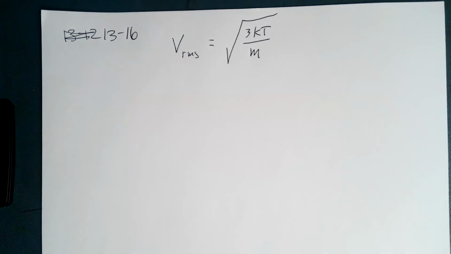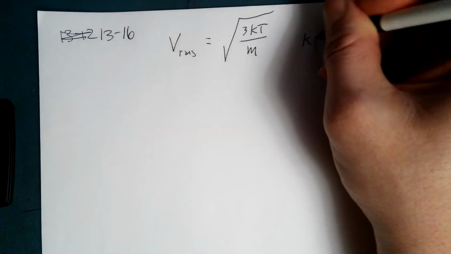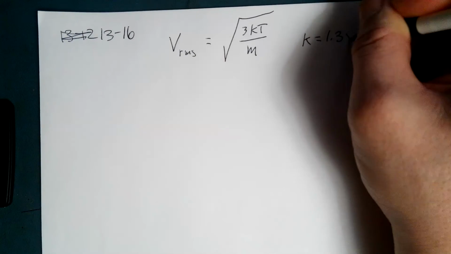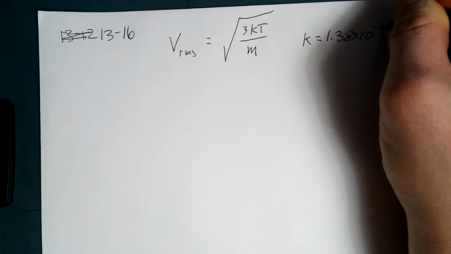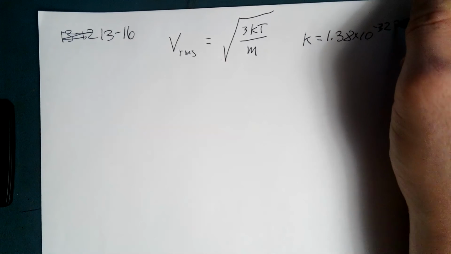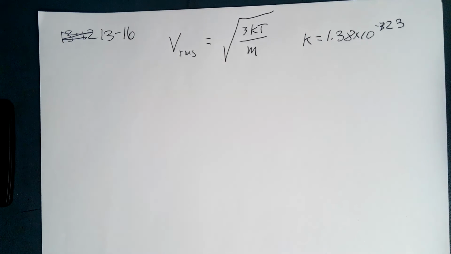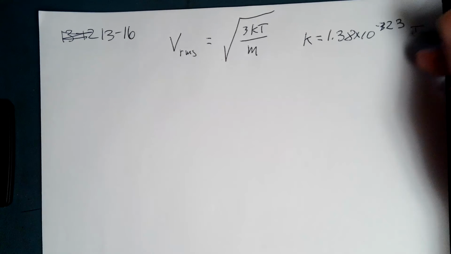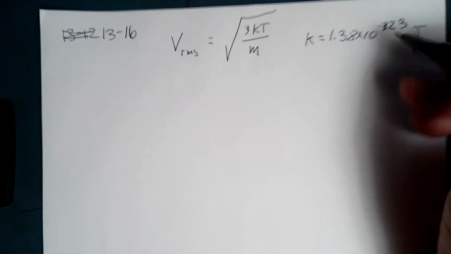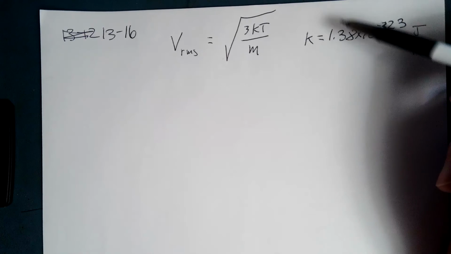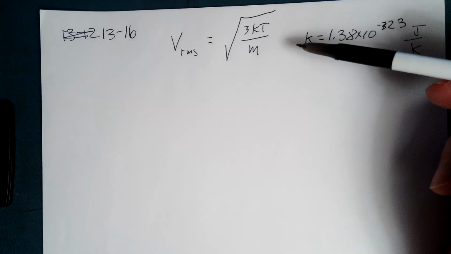Let's see if I can find a value. It's very small, 10 to the negative 23, units joules per Kelvin. Basically, this is associating the energy of a single molecule.